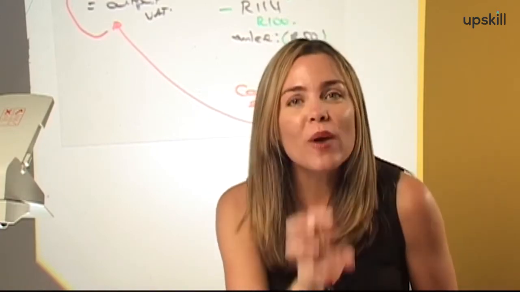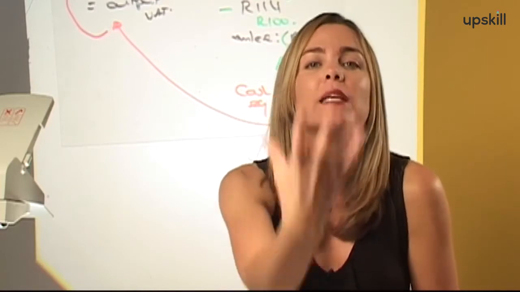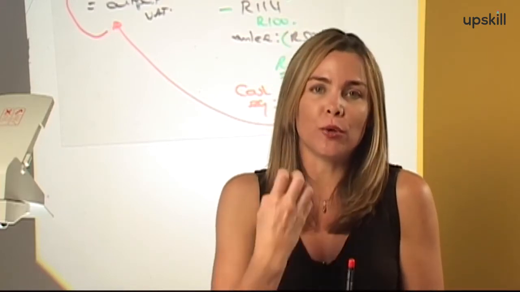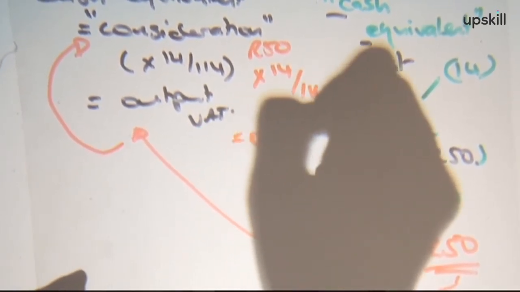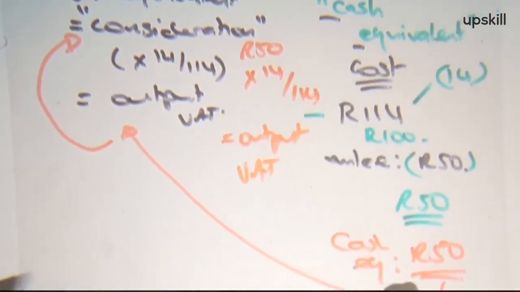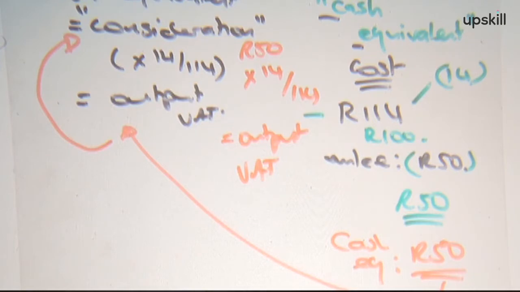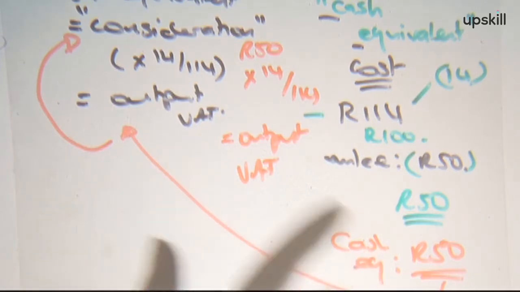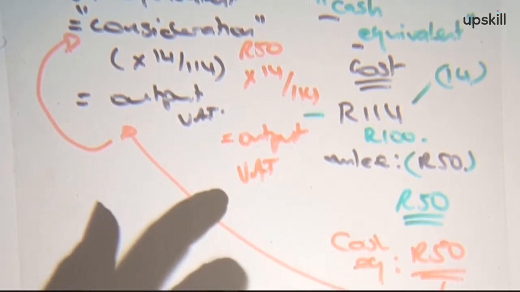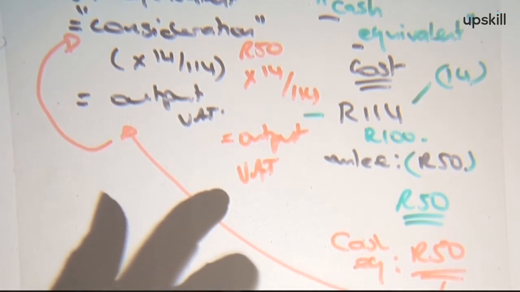Now consideration itself is deemed to include VAT. So we will take that 50 as including VAT, multiply by the VAT fraction, and that will be the output VAT that the employer must pay over in the VAT period of the month that the employee gets that computer from the employer at this cheaper price.